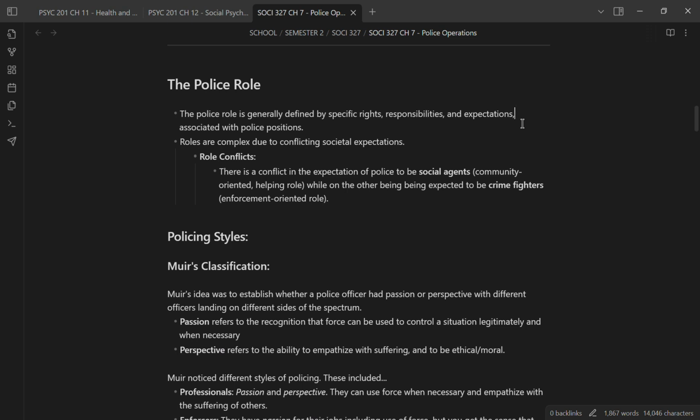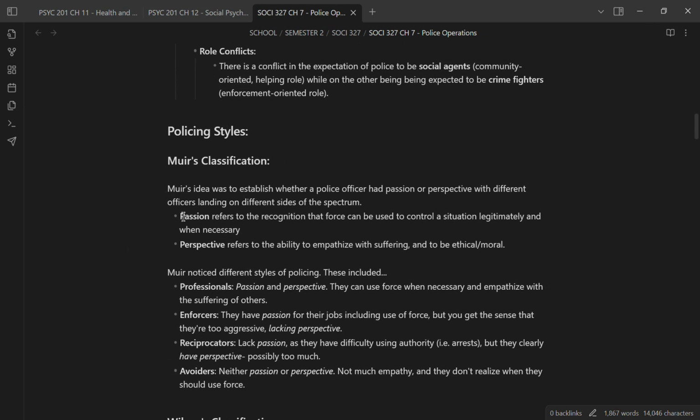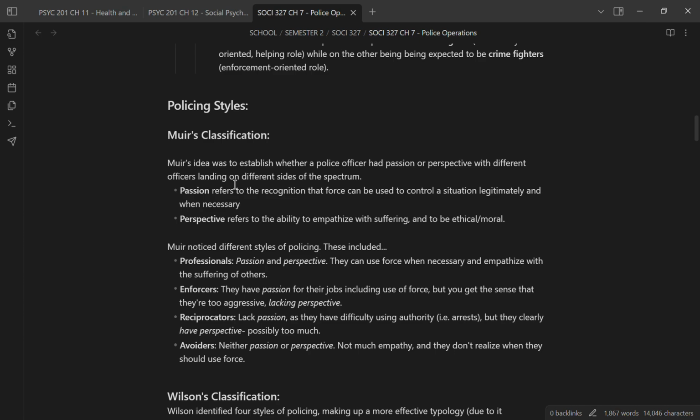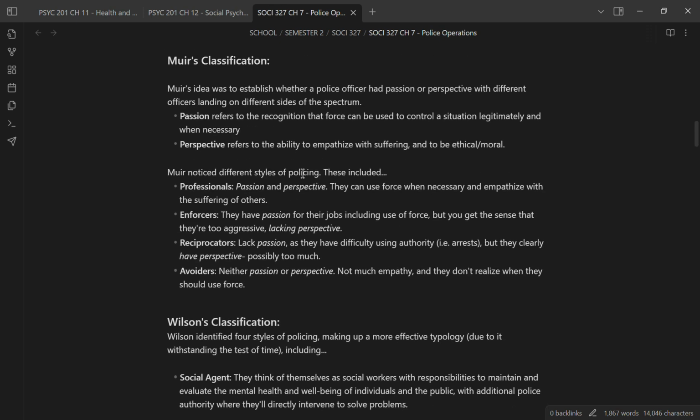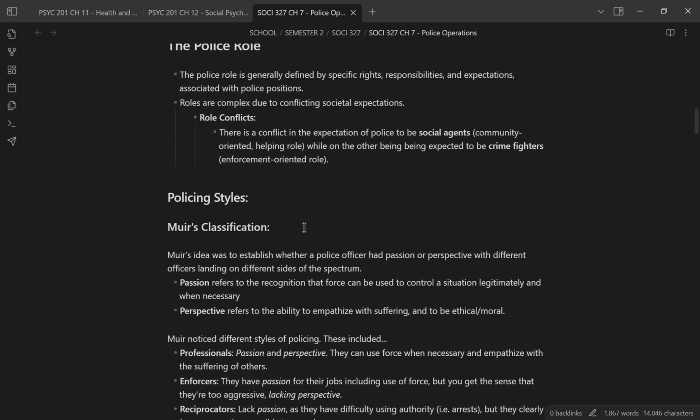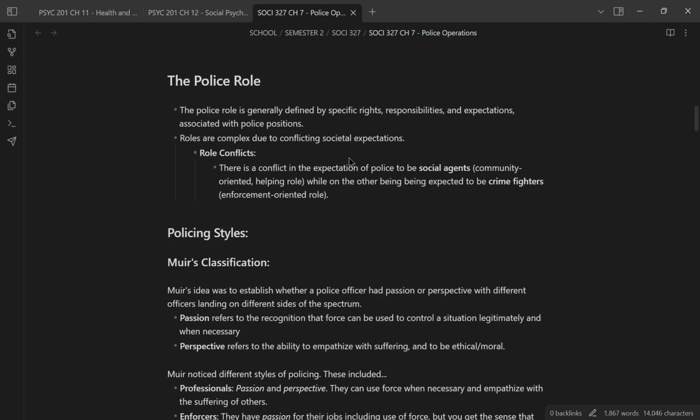We expect them to be this crime fighter who is more about enforcement and cracking down on crime, but we also expect them to be social agents where they're more community-oriented. And this has a lot of conflicting nature to it. And we'll see here in this expansion of policing styles by Muir and Wilson that there's an idea of these different branches of police characterization that overlook this idea of this conflicting role, right?